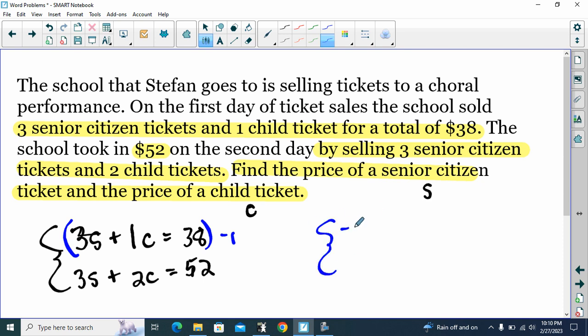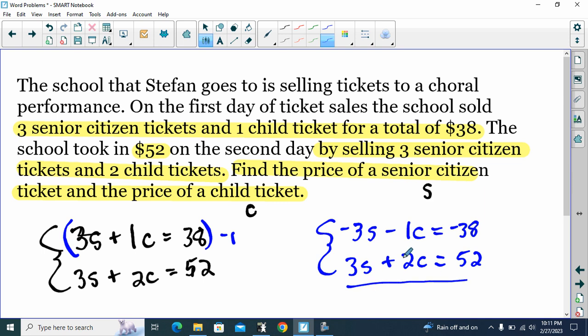So that now I have -3S minus 1C is -38. And the bottom equation says 3S plus 2C is 52. Adding my equations together, now these cancel.